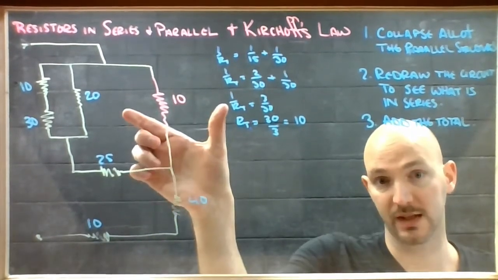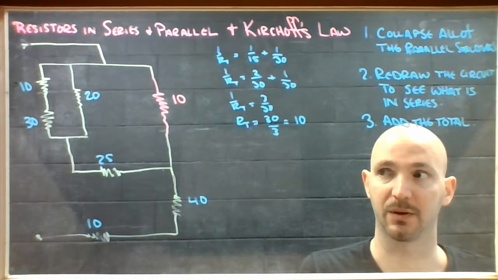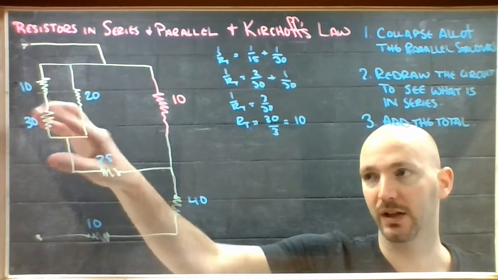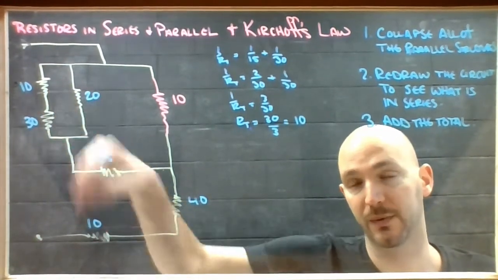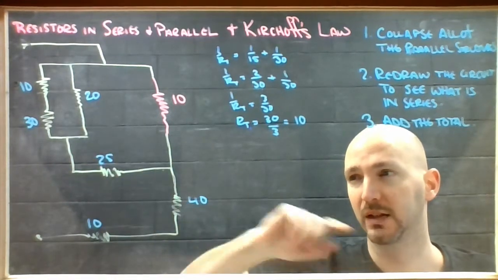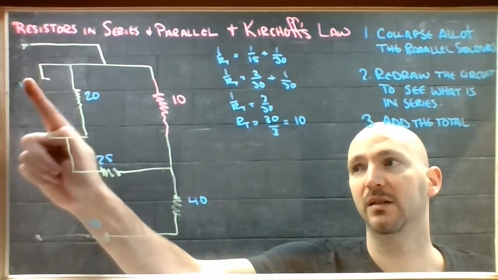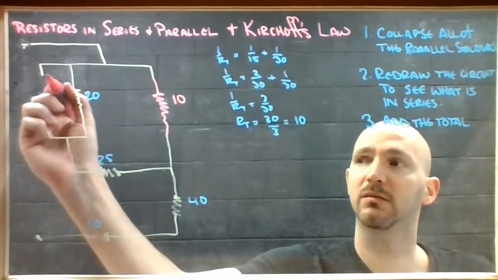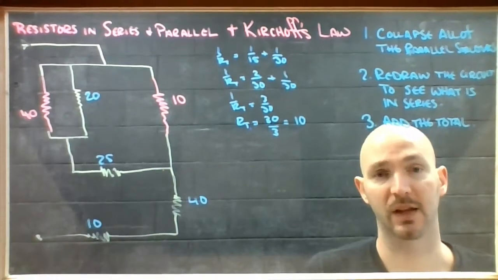So those two things together only provided 10 ohms worth of resistance. I'm just going to replace it with 1. Now over here I have a 10 and a 30, and you must go through the 10 and then you must go through the 30. So I could just replace those with a 40. So that's a little simpler.